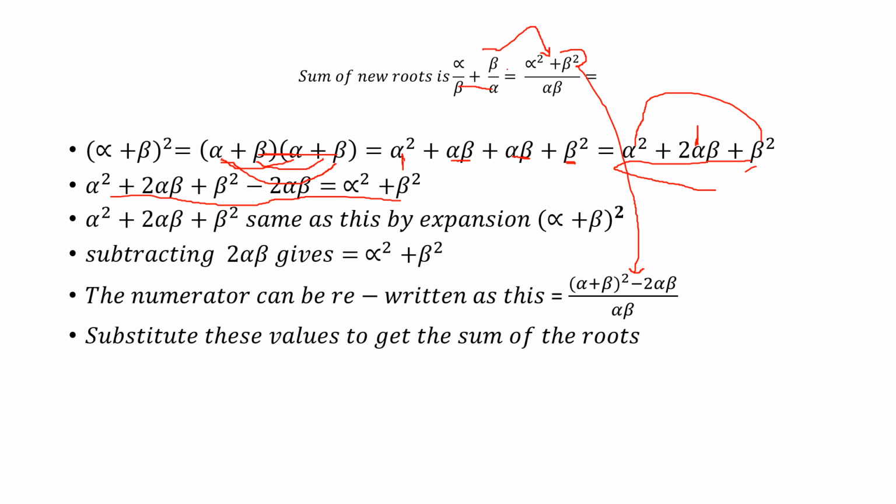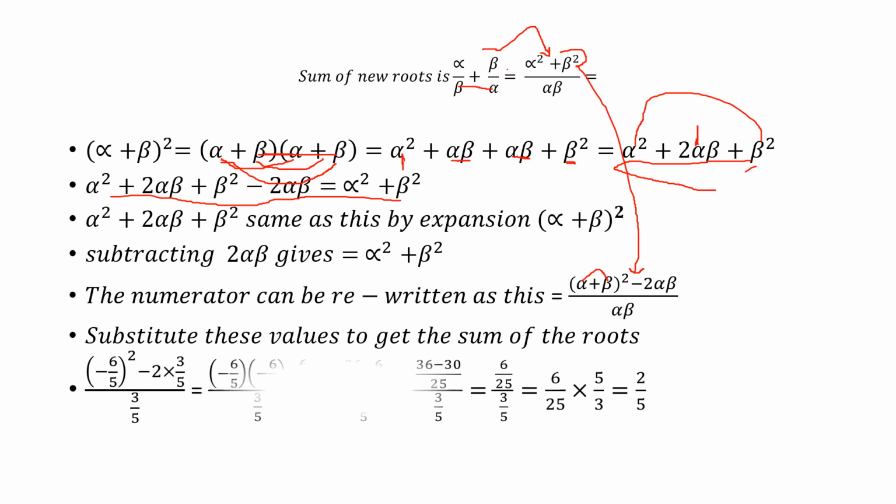Alpha plus beta is what? Minus 6 over 5, right? So anywhere I see alpha plus beta, I put minus 6 over 5 square, minus 2 alpha beta, right? Product of root is what? 3 over 5, right? All over alpha beta, which is also 3 over 5.